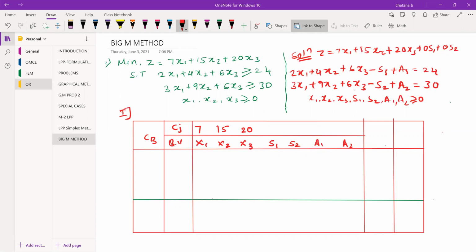When we say the maximum coefficient, we always denote that by M a1 plus M a2. So here it is 0, 0, M and M. Ma'am, M denotes the maximum coefficient, right? Yes.